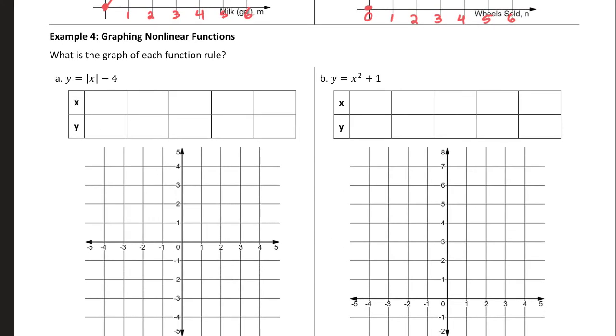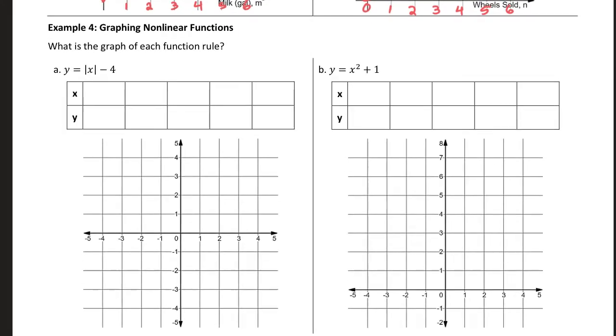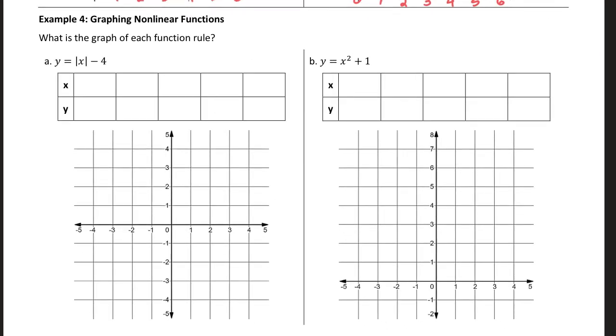So the last example I have here is graphing functions that are not linear, okay? So the absolute value of x minus 4, x squared plus 1. So for this, I've got these points. I am going to choose just x values, -2, -1, 0, 1, 2. And I'm going to use mental math because I think mental math can be something we can use for this. This is remembering the notion of absolute value. So we're substituting in -2.